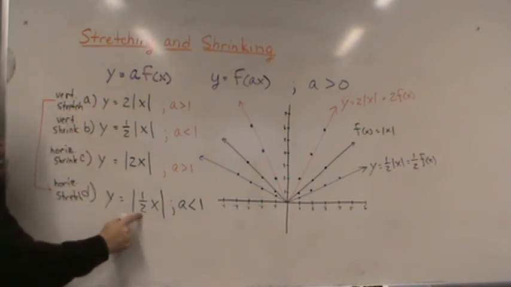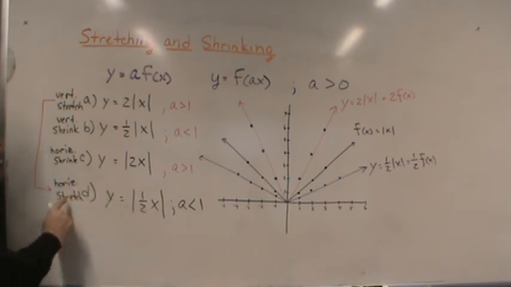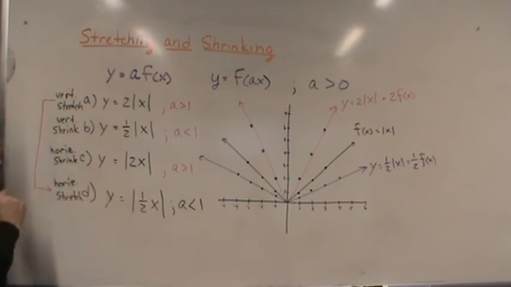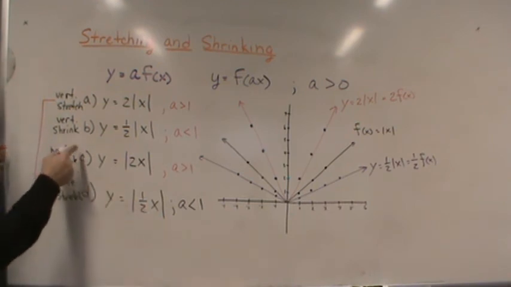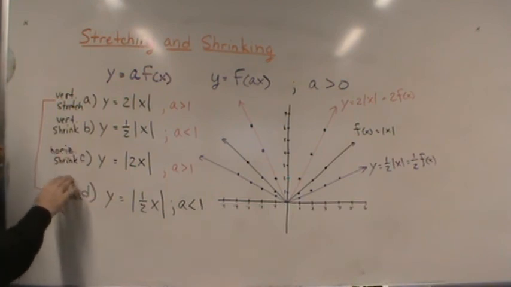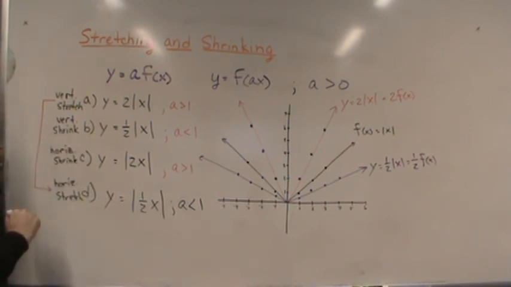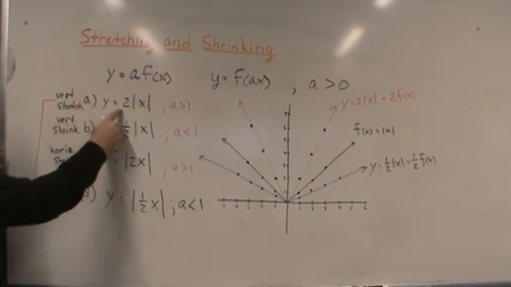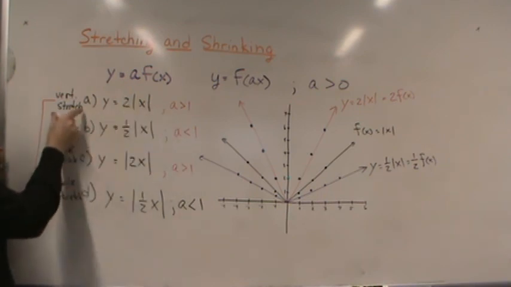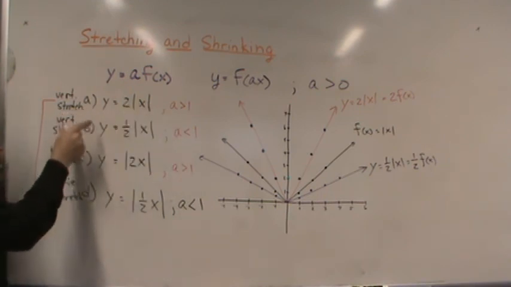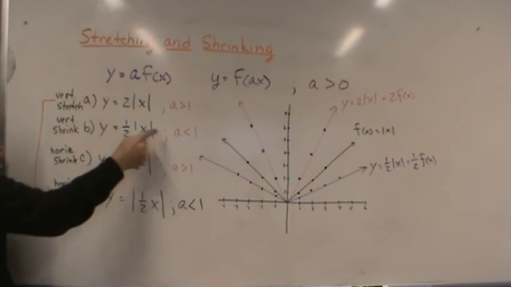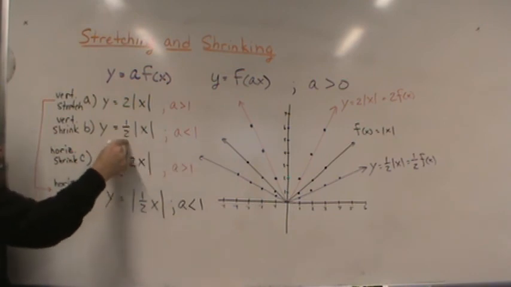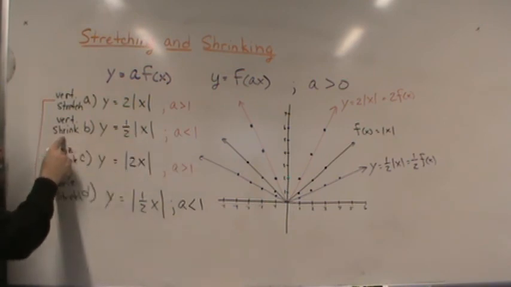When a is less than 1 and you're inside the function, it's a horizontal stretch. Okay? So inside the function is sort of like opposite what you get with the vertical. So if you remember that if you're outside the function and a is bigger than 1, then it's a vertical stretch. If a is less than 1 and you're outside the function, then it's a vertical shrinking.